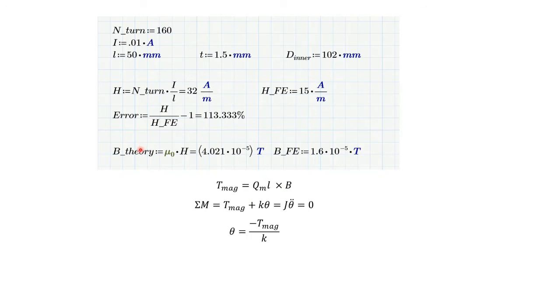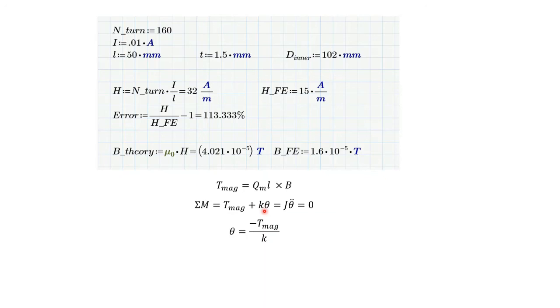So that electric current produces the magnetic field B. And then if I take the cross product of that alongside the magnetic charge on a magnet multiplied times the width of the magnet, which is about 6 millimeters, I get a torque.